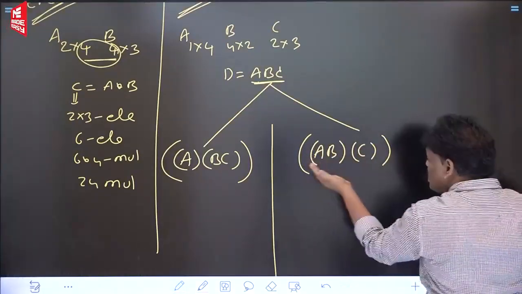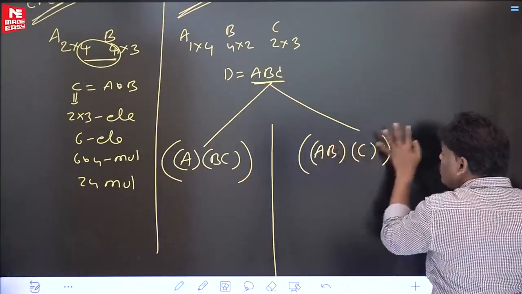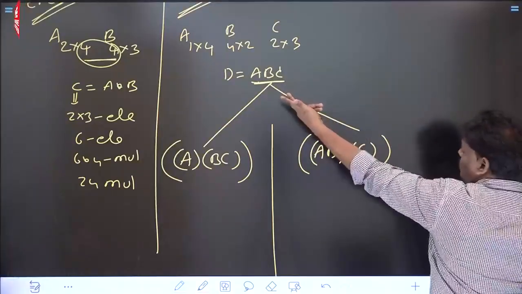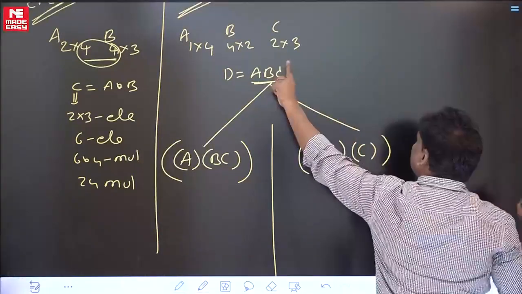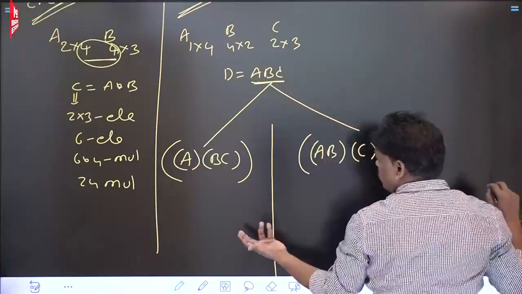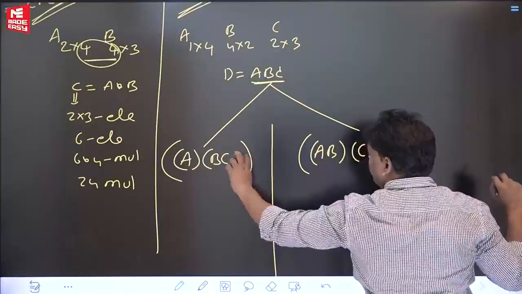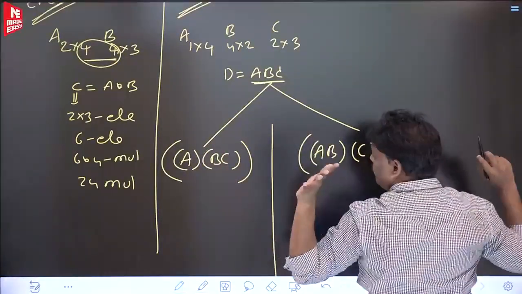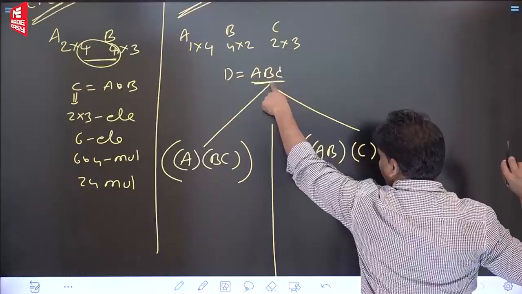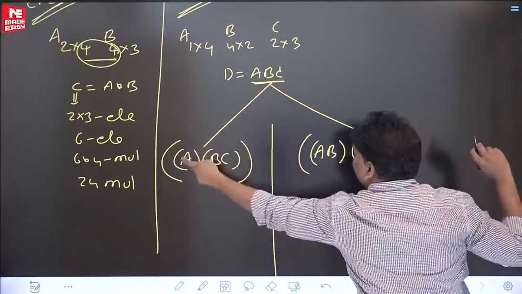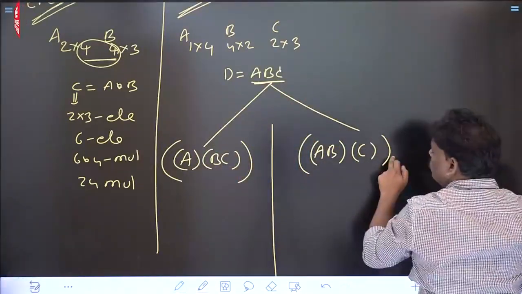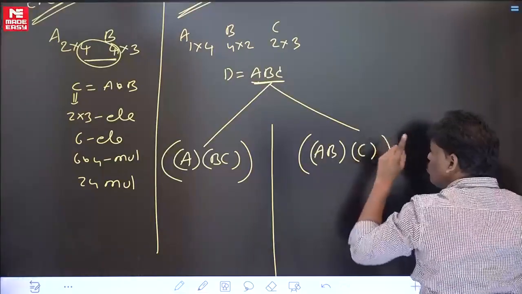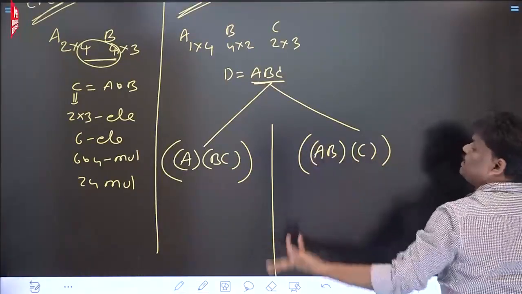You have to divide these 3 matrices into 2 groups, first group and second group, but no group should be empty. Every group should contain at least 1 matrix, and order cannot change.